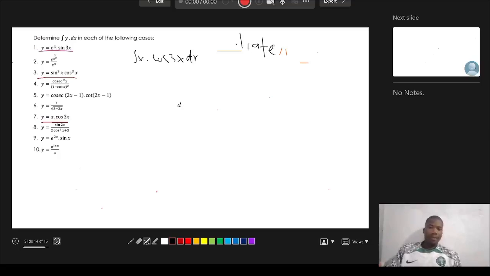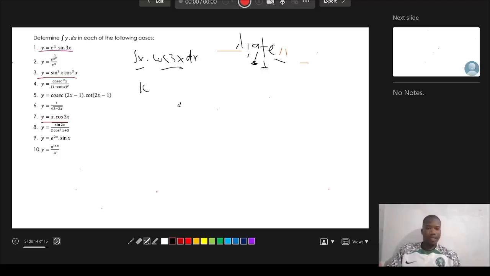So what does LIATE mean? We have to look for logarithmic functions, inverse trigonometric functions, algebraic functions, trigonometric functions, and exponential functions.